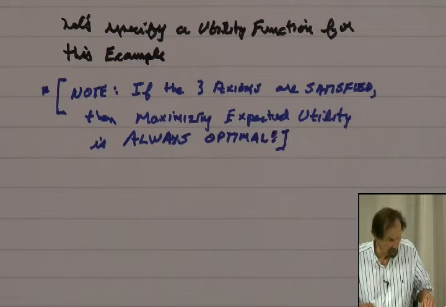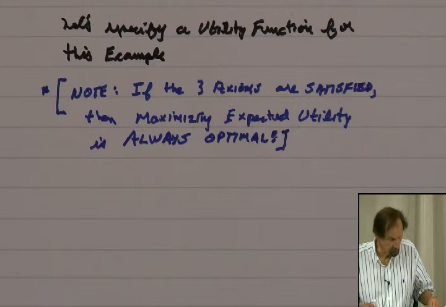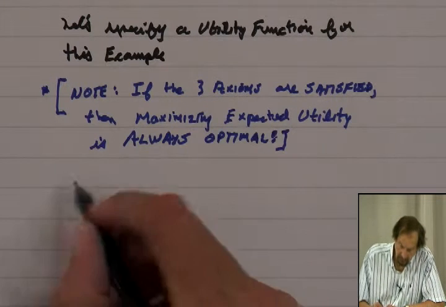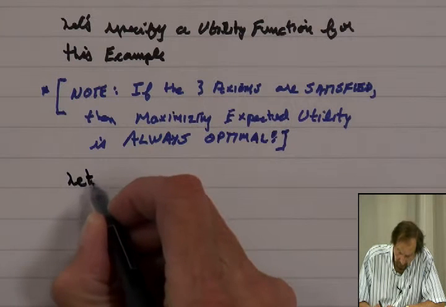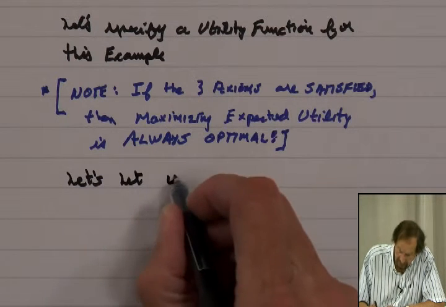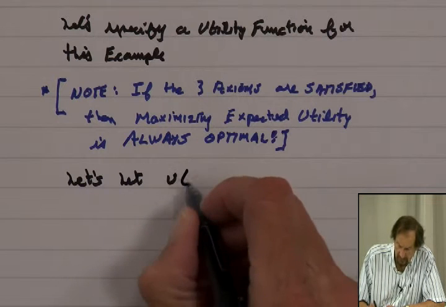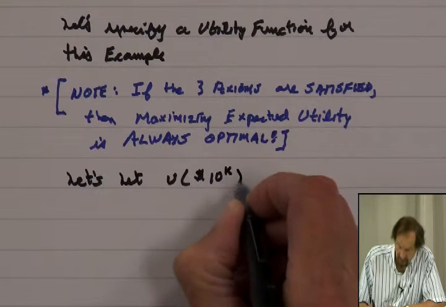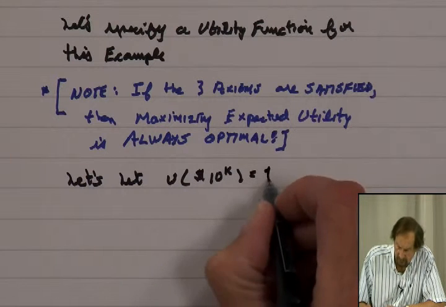Okay, now let's let the utility of $10,000 equal 1.